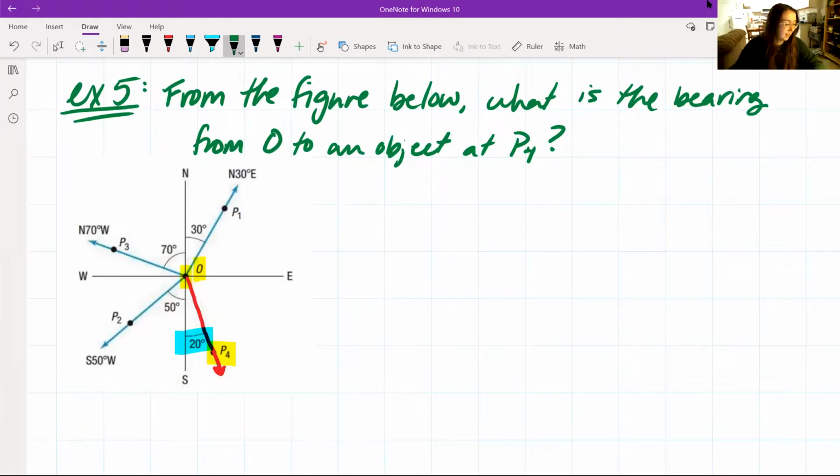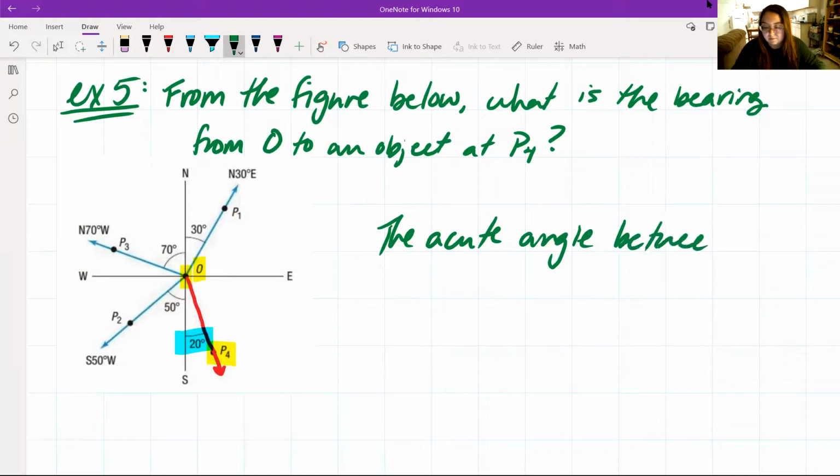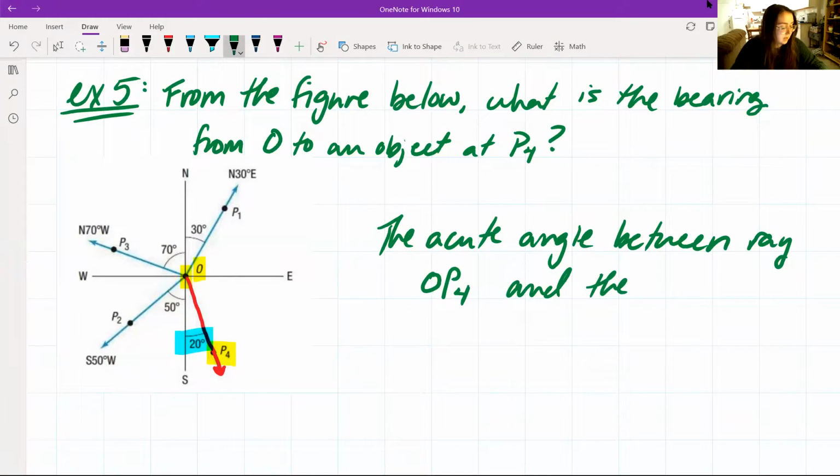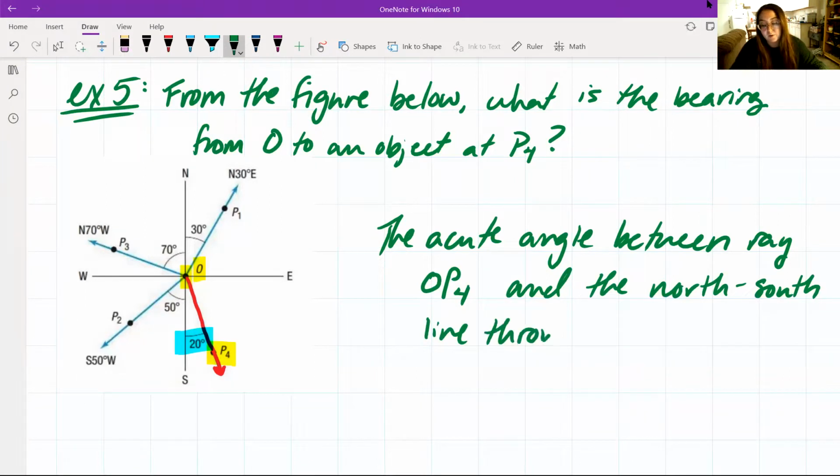So for our answer, we can just say that the acute angle between ray OP4 and the north-south line which goes through O. A bit of confusing language there, but we're really just talking about that north-south line, or if you want to think about it in the XY plane, the y-axis.